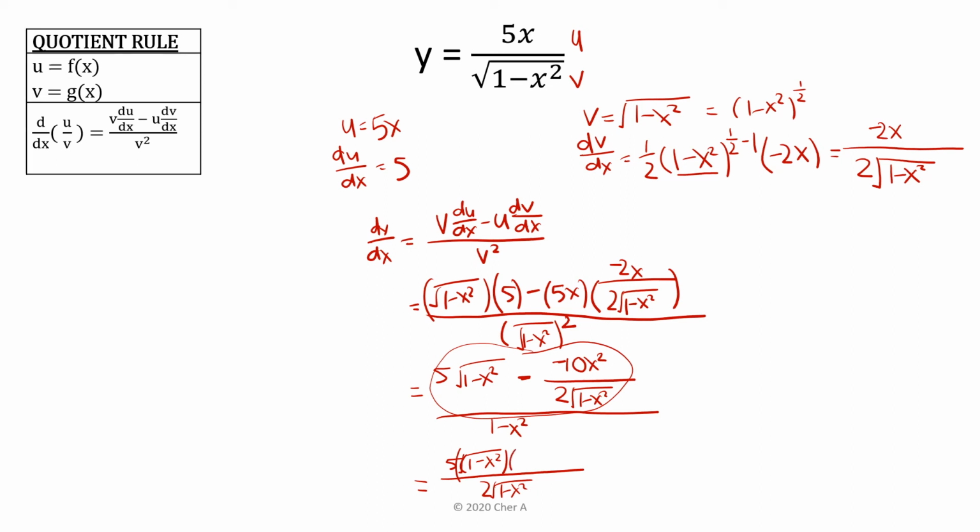So I need to put in this. So minus, or plus now, 10x squared. What happened here is I actually put in the denominator 2 square root 1 minus x squared, or multiplied in. So I will have to multiply in my 2 with the square root 1 minus x squared on top as well. Okay, and then I have my v squared over 1 minus x squared.